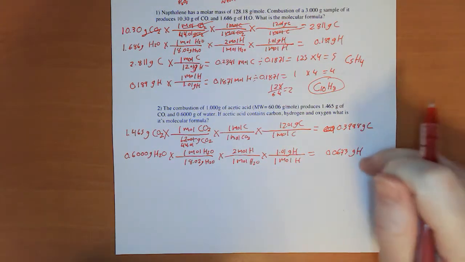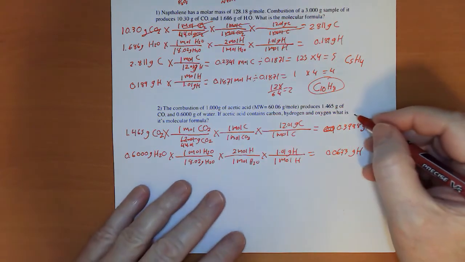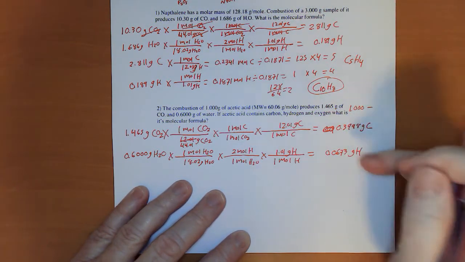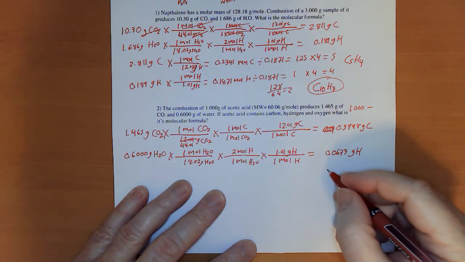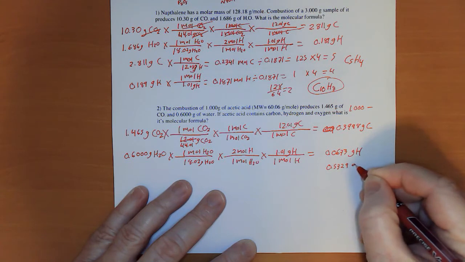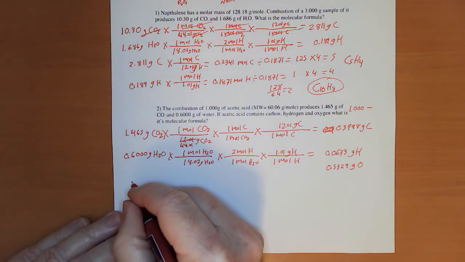Now, these do not add up to be 1 gram. That's because I've also got the oxygen to contend with. So what I can do is just say 1.000 minus these numbers, and that gives me 0.5329 grams of oxygen.